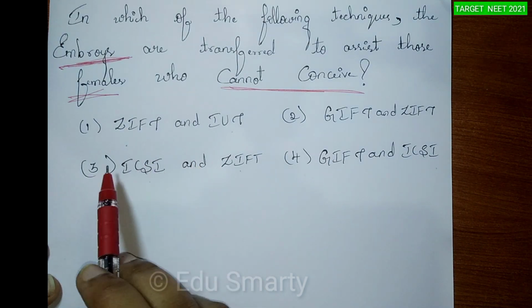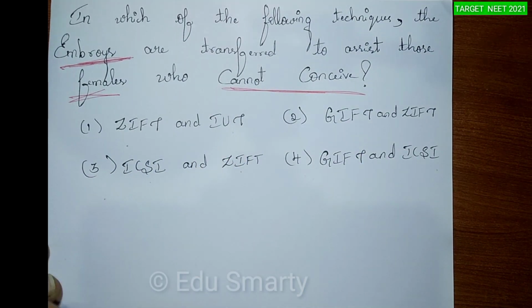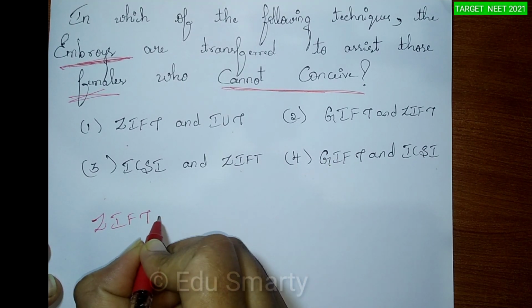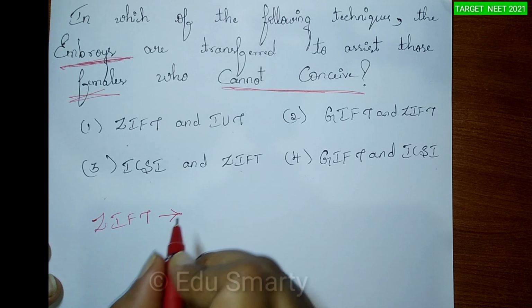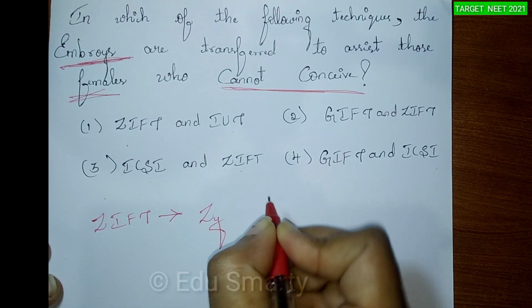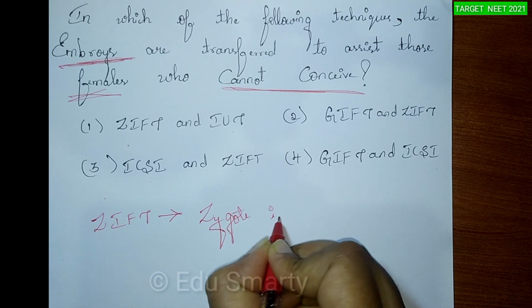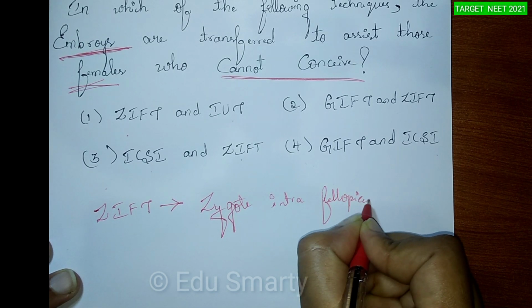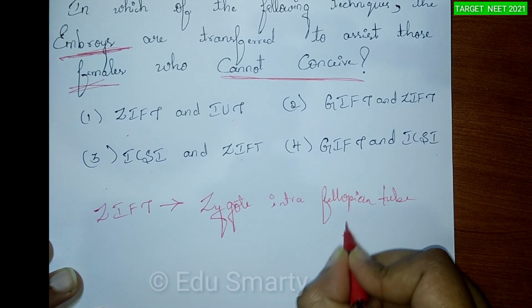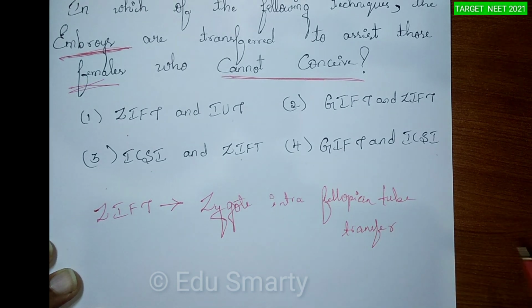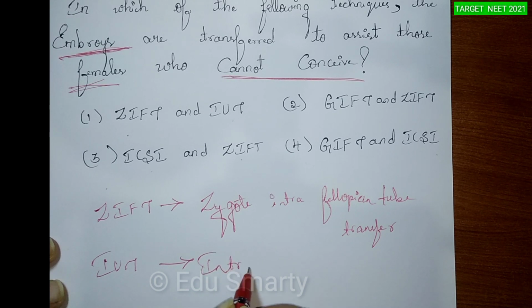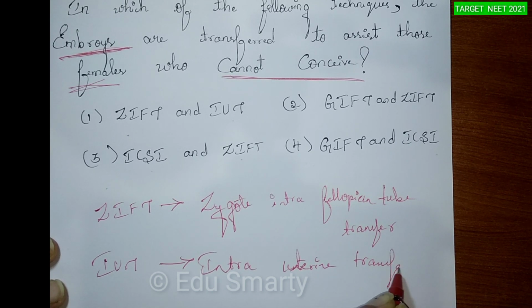First we need to know the full form of all these things so that we can easily find out the correct answer. Here ZIFT means zygote intrafallopian tube transfer. Next is IUT. IUT means intrauterine transfer.